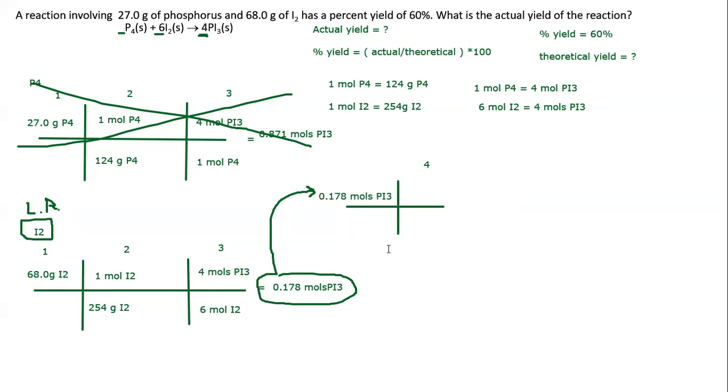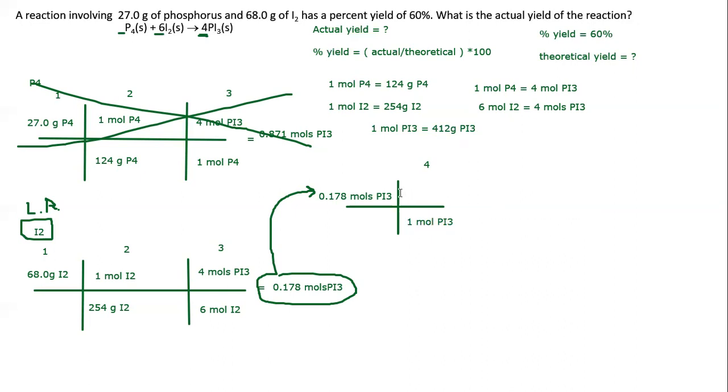In slot 4 is the molar mass of PI3. So 1 mole PI3 equals 412 grams. So now since we're converting to mass, from the molar mass, the mole goes on the bottom.